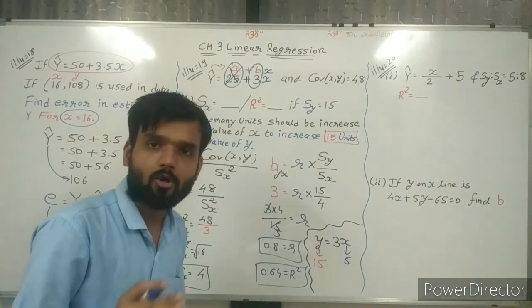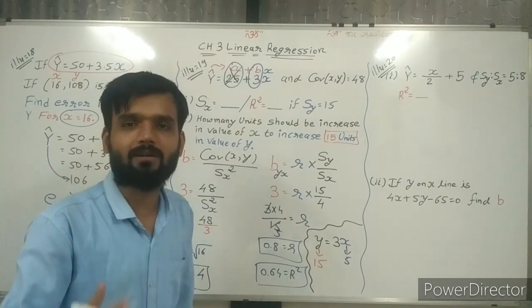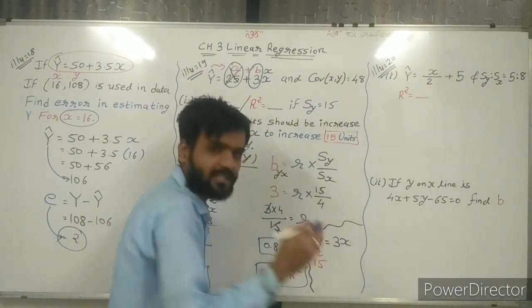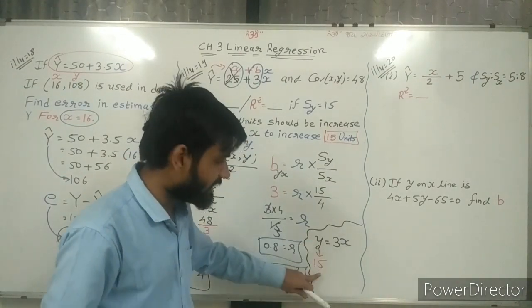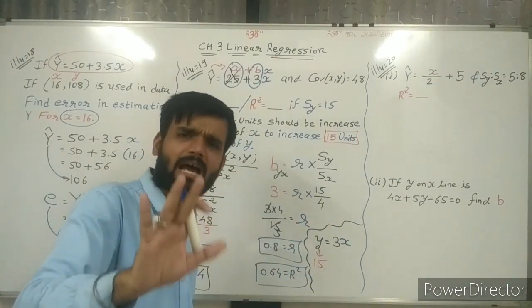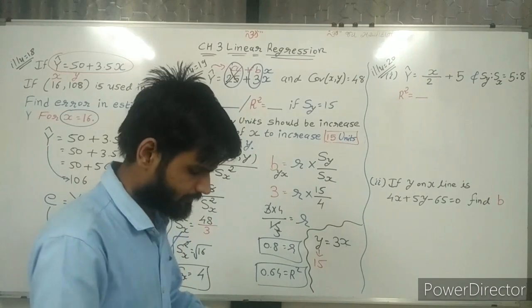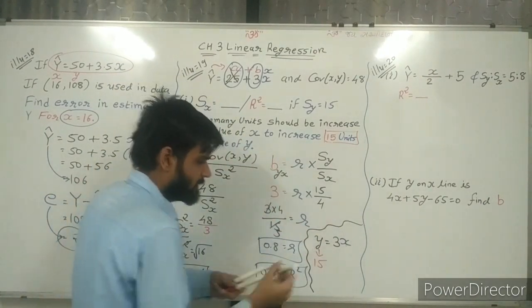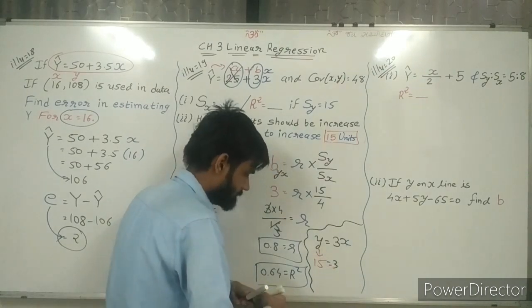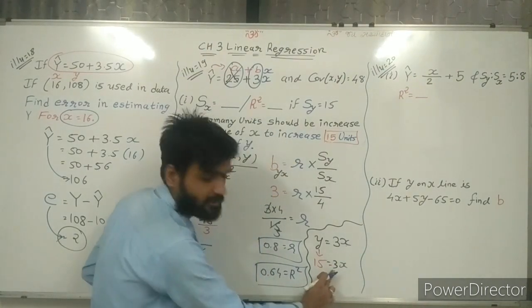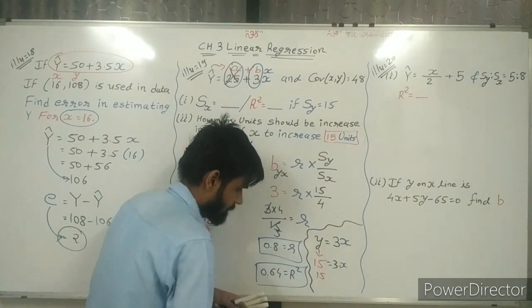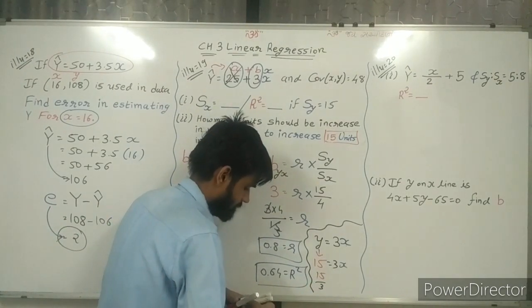Simple. It's a concept. Now in a simple way, what can we do? When x increases by 5 units, y increases by 15 units. That is my answer. But don't worry, solve this equation directly and you can also get the answer. Change the side of 3 and divide it: 15 divided by 3.